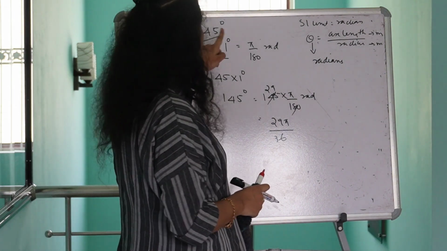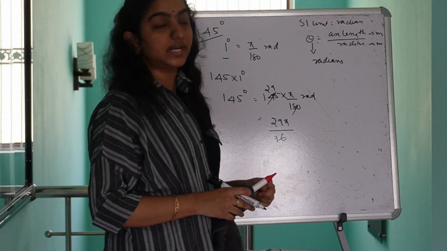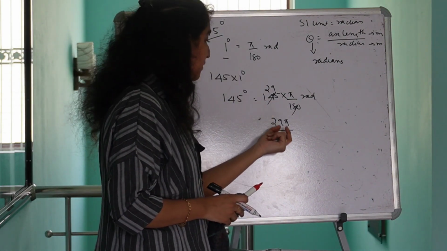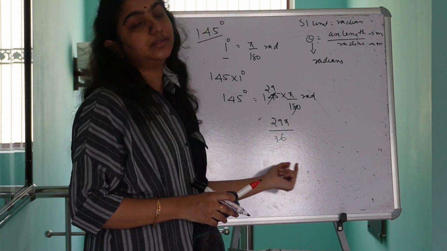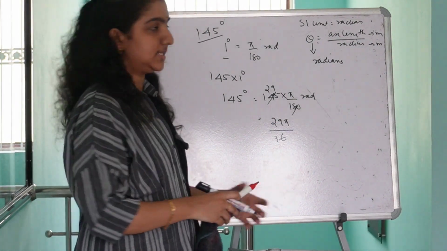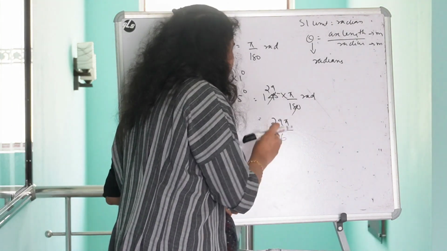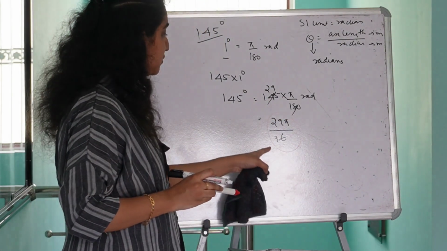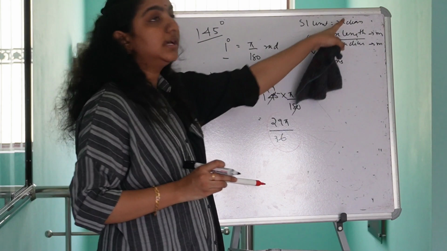So what is 145 degree equal to in radians? 145 degree is equal to 29 pi by 36. Now you can substitute this particular measurement in this equation.